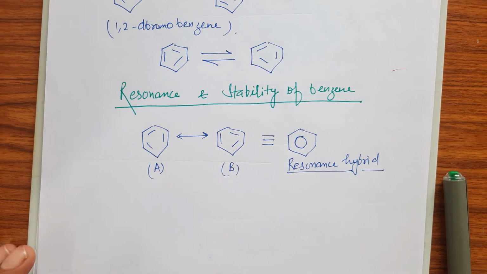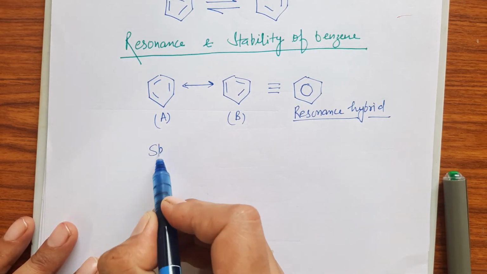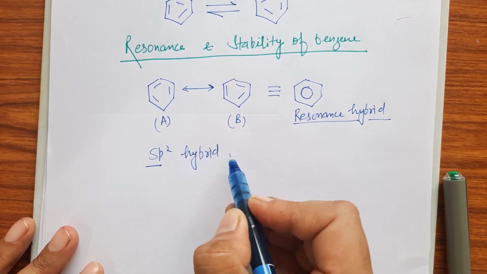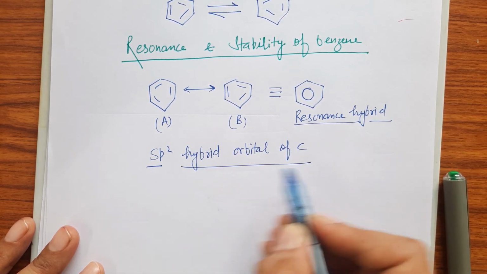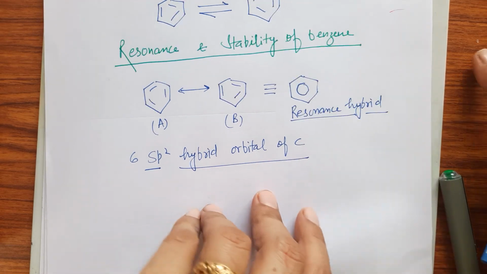So first of all, we all know that because of the presence of a double bond, it consists of sp2 hybrid orbitals of carbon, right? There are 6 sp2 hybridized carbons. So let's make it.